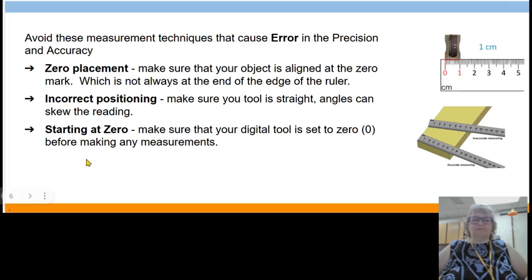And then if you're using a digital tool, make sure that your tool is set to 0. If you're using a sensor and you're supposed to be measuring the height of something, make sure that you set that sensor at 0 so that you're getting an accurate measurement.